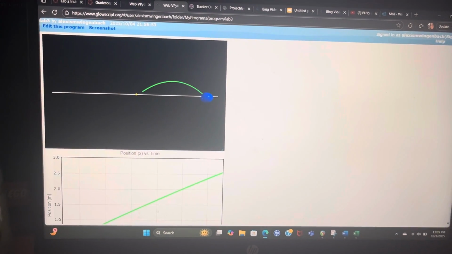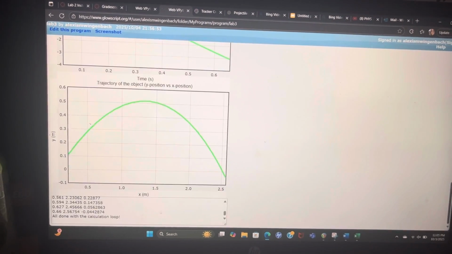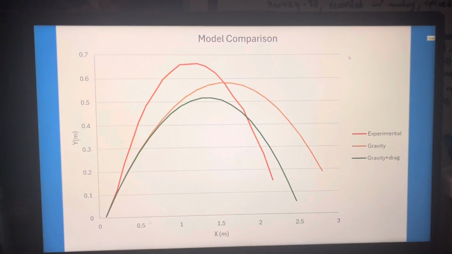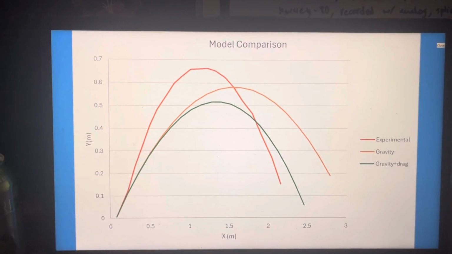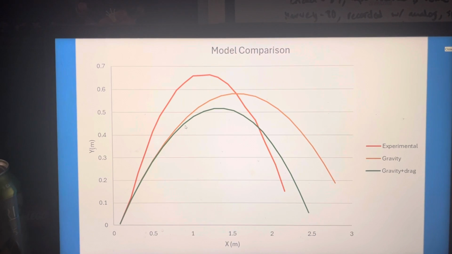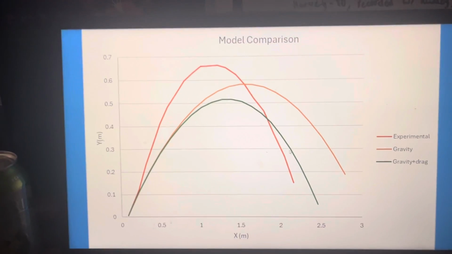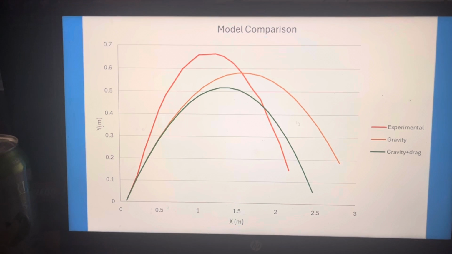That happens, and then we get a couple graphs as well as some numbers. When we put all of those graphs together, our experimental curve is going to be this one, the gravity one is going to be this orange one, and the green is going to show us our gravity plus drag.